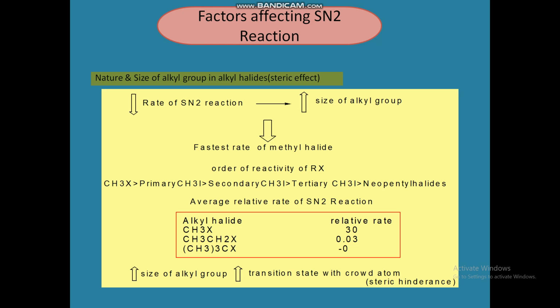As the size of the alkyl group increases, you see the average relative rates of SN2 reaction. Some alkyl halides I have given with their relative rates. Methyl halide, CH3I, is 30.